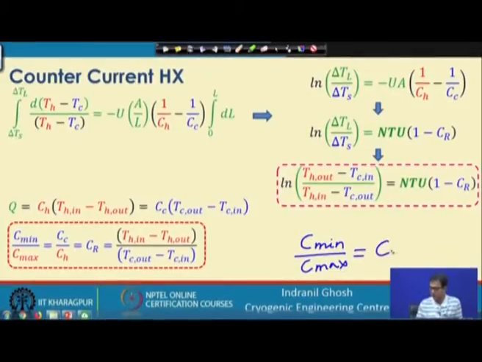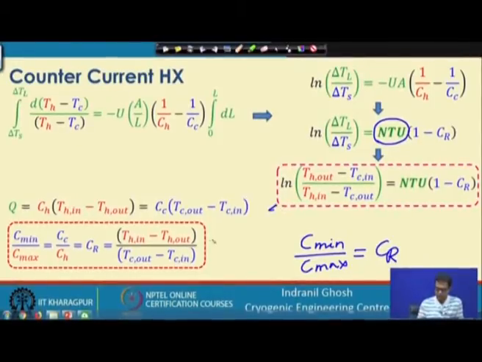So, we can write it as (1 − C_r) into NTU, and this negative sign has been taken inside. So, it is 1 minus C_r. Now, if we put this value of delta T_L, what is delta T_L? It is (T_H,out − T_C,in) divided by (T_H,in − T_C,out). So, we have this relation.